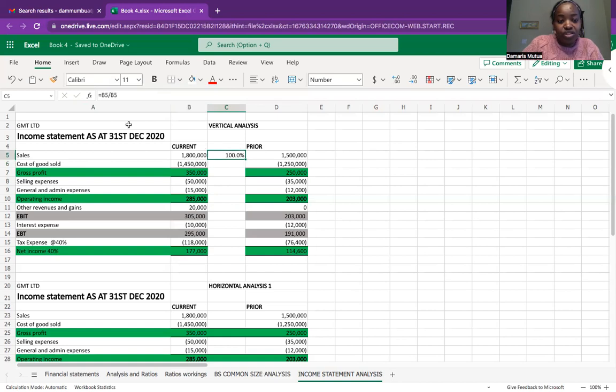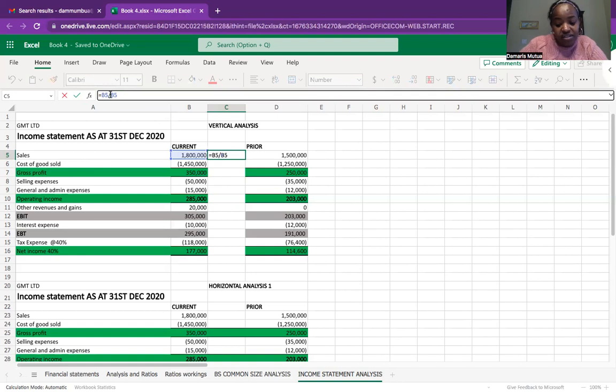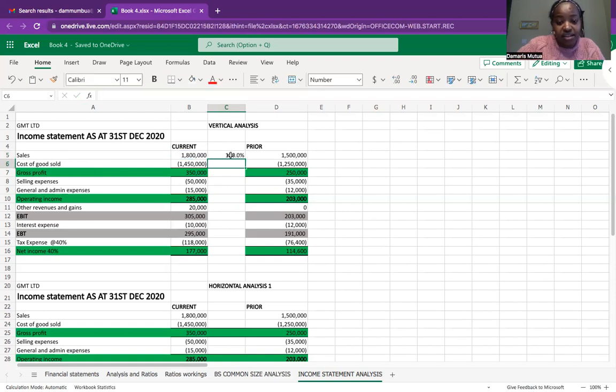And I'm going to show you how we can do this very fast. We're going to fix the sales figure because everything is divided by sales. So we put a dollar sign before on the denominator, which is the sales. Then we drag down, then we get to know how this organization is performing.